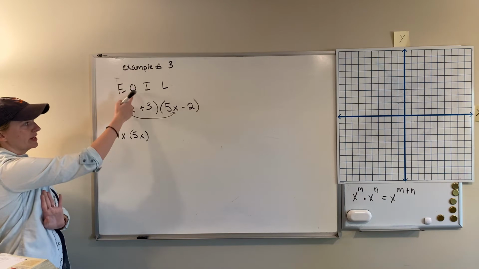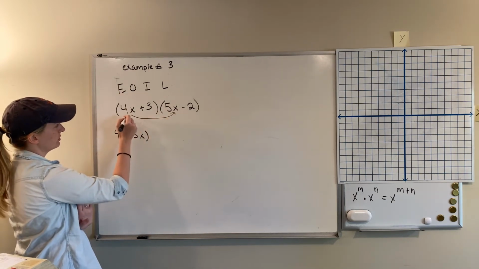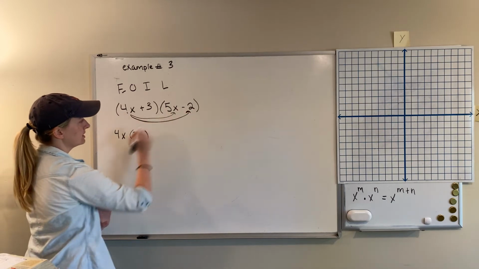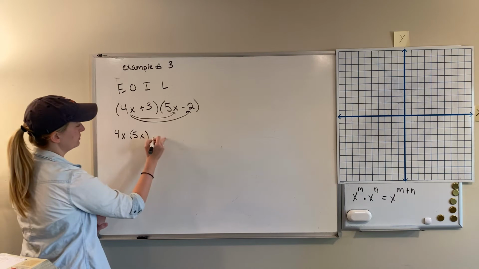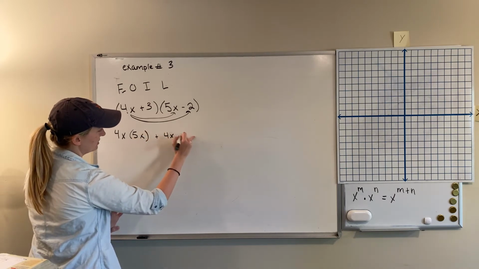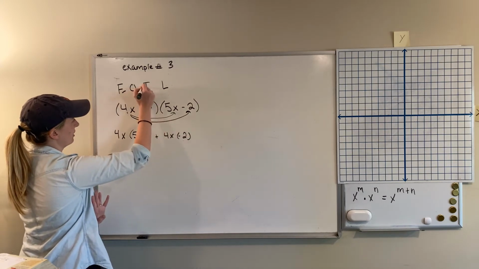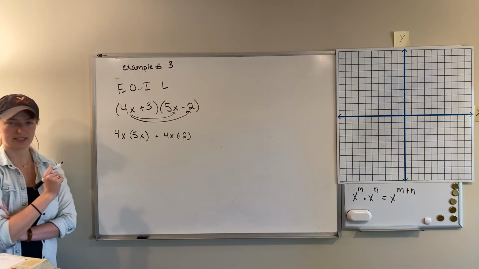Then our next one is O, multiply our outer terms together. The outer of our 2 terms, 4x times negative 2. We've done our O. And now we've multiplied 4x by everything in our second term.